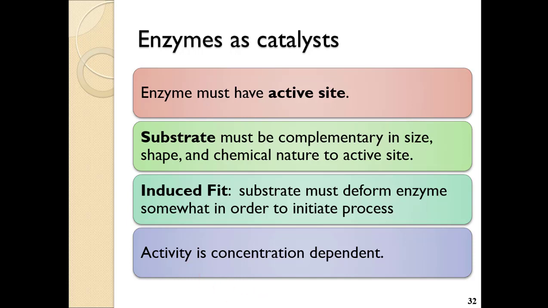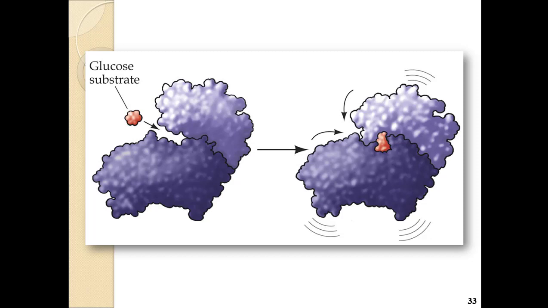If we take a look at this picture here, it shows an enzyme in purple. You see it just has two parts. There's an active site shown here, and here you can see a substrate that's about to enter this active site. In this case, the substrate is glucose. So substrate is just a generic term for anything that's going to enter the active site.